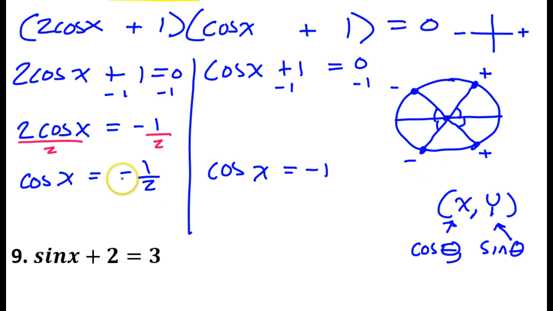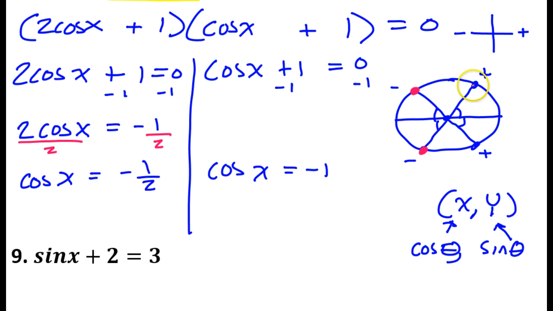So in this particular case, we want the cosine to be negative 1/2. So that means these are the 2 angles we actually want. Now, what are they? Notice the answer is not pi over 3, that's just the reference angle.